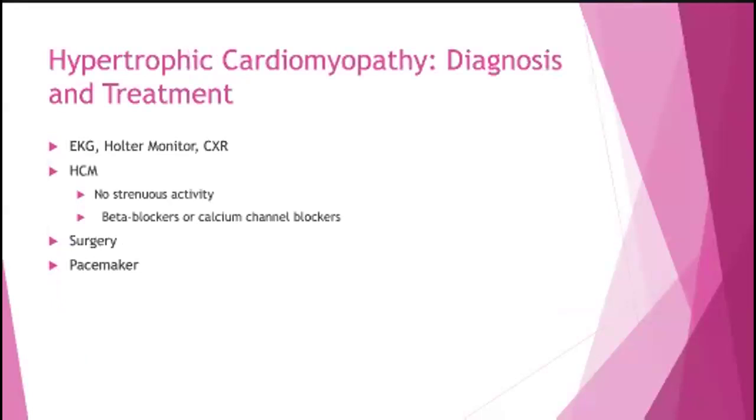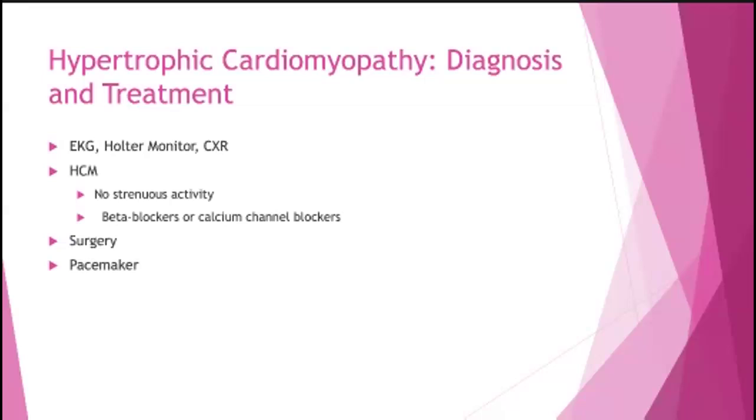Our hypertrophic cardiomyopathy, HCM. Diagnostics. We can use an EKG, which may show left ventricular hypertrophy with deep Q waves and ST wave abnormalities. Holter monitors will show silent asymptomatic ventricular dysrhythmias.